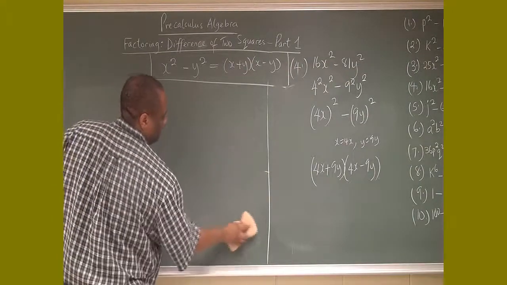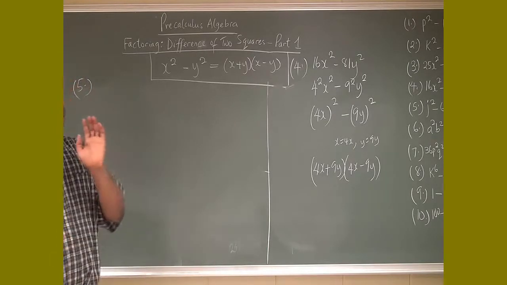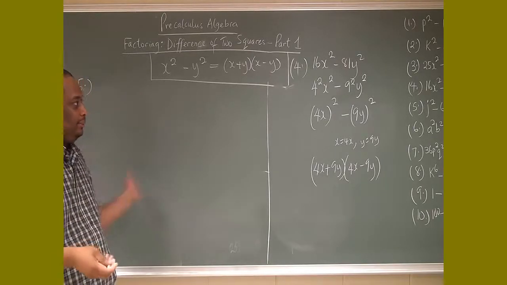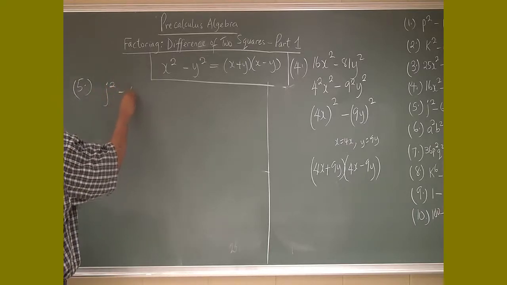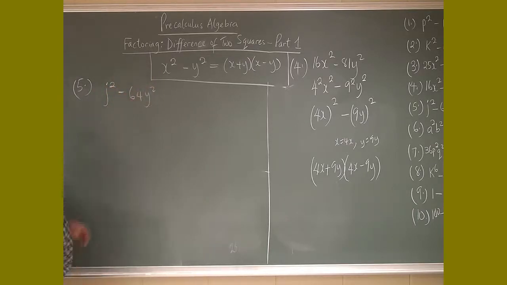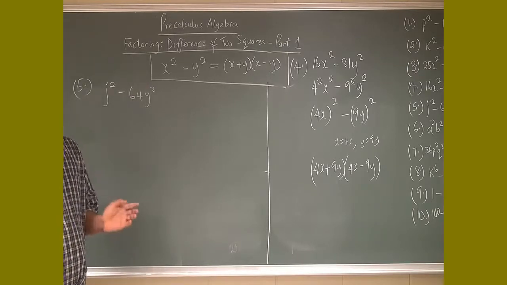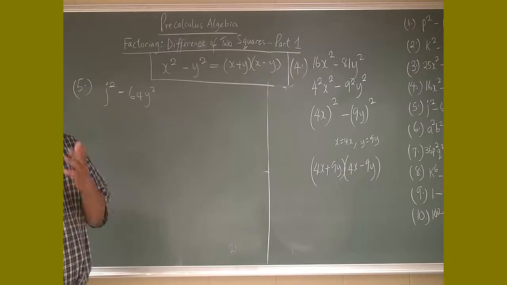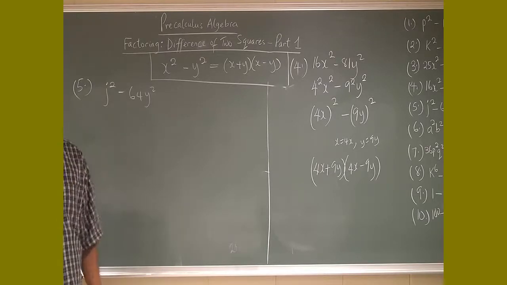I want you to pause the video and solve it first, like I always say in almost all my videos. When I give a question, like I give it now, j squared minus 64y squared, you want to pause it first, do it on your own, and then after doing it, continue to check whether we got the same thing.